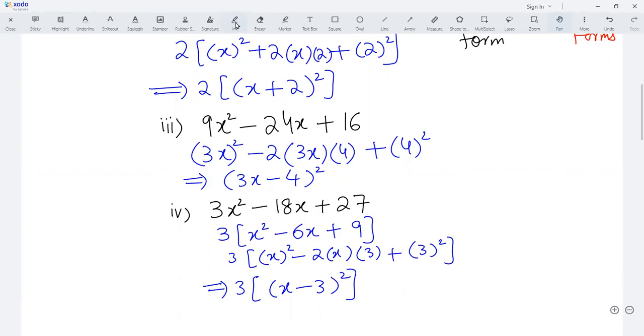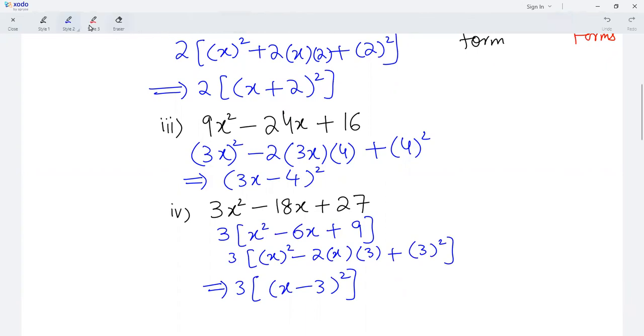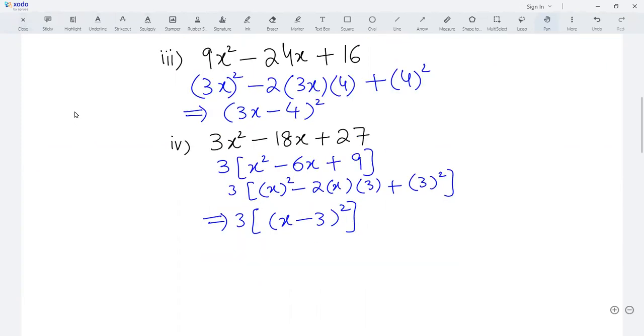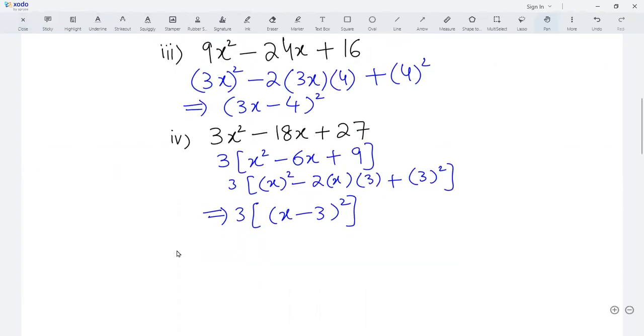So moving ahead to the last type of identity, in which there are two terms which are given and we have to factorize. These two must be squares of something, and in between there must be a negative sign. So you can see there is a negative sign.